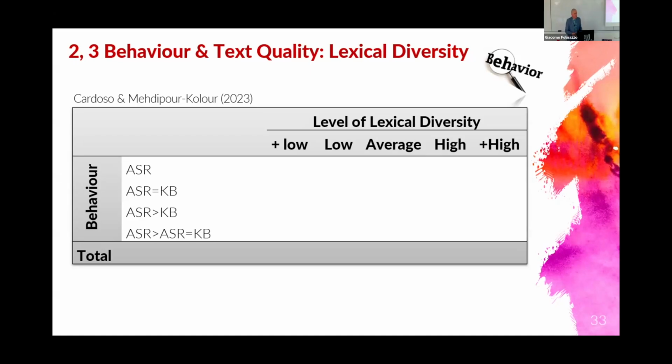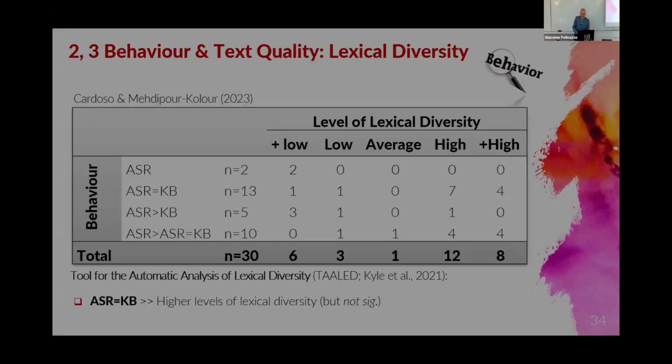There were some who used ASR only, and then they went to keyboard to tweak the text. And finally, there are those who first use ASR, and then later they use both to craft the text.